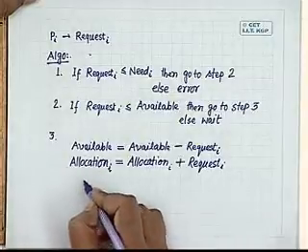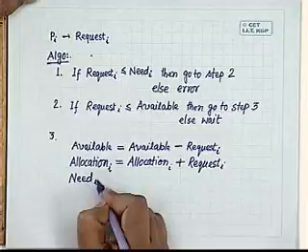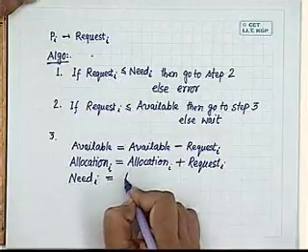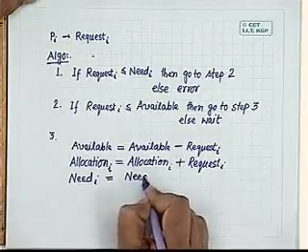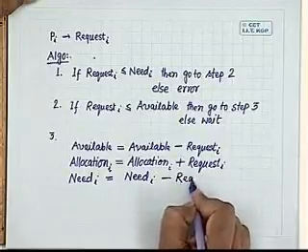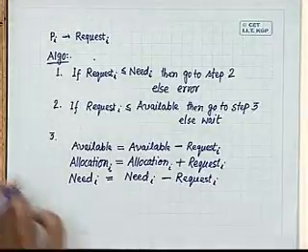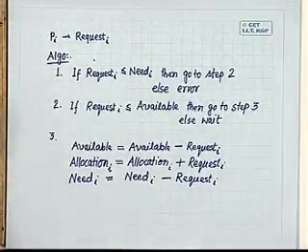Okay, and need I has to be need I minus request I. Okay, so this is a pretension, it is not the physical allocation.